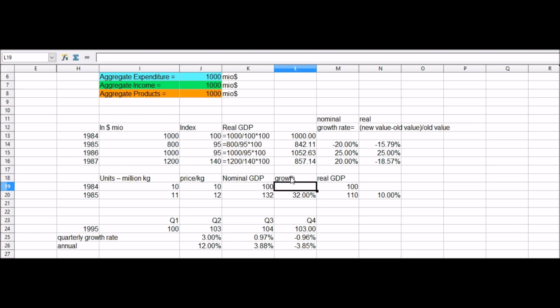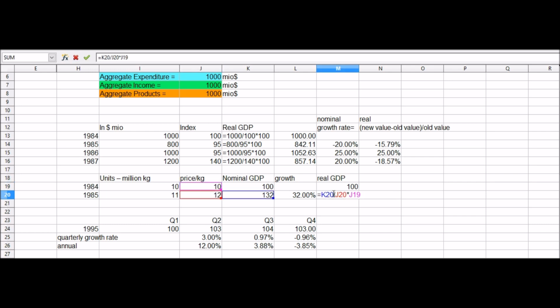And we see that our growth rate has gone up by 32% between 1984 and 1985. However, we know that this 32% increase in GDP is an illusion and partly due to the 20% increase in the price of butter. Therefore, we need to deflate this number to bring prices back to a base year's price, which is the 1984 prices in our case.